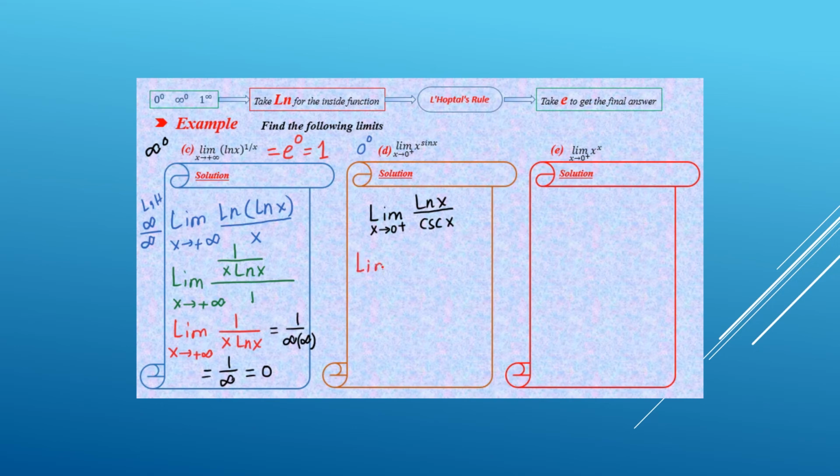So we have the limit of the derivative of ln x, which equals 1 over x, divided by the derivative of cosecant, which is minus cosecant x cotangent of x, when x goes to 0 from the right, and we can write it in one denominator. So we have the limit of 1 over x cosecant x times cotangent x when x goes to 0 from the right.